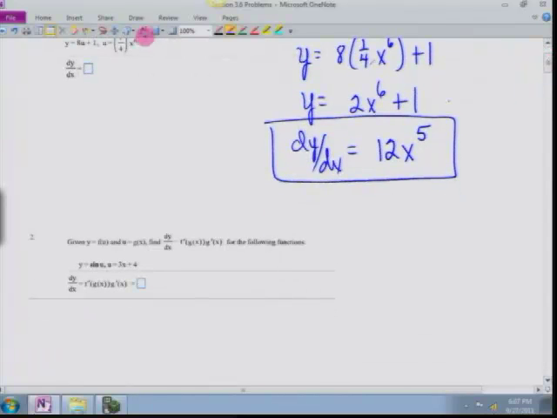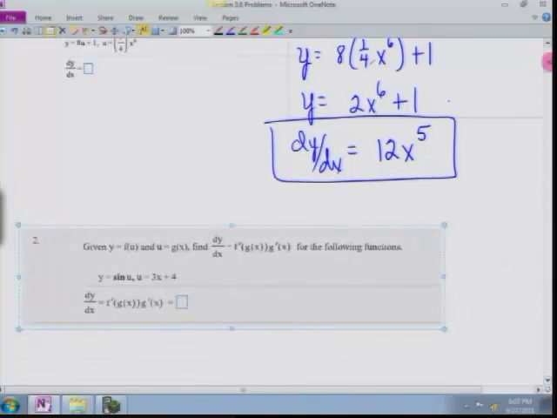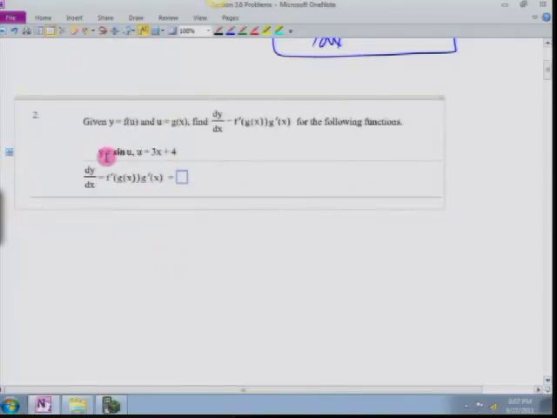All right, and this one, a little bit small. Let's see if I can make it bigger for you. See if you can think about how this would be written as a problem. Given y equals sine u and u equals 3x plus 4, what are we going to write as our equation? Sine open parentheses 3x plus 4.